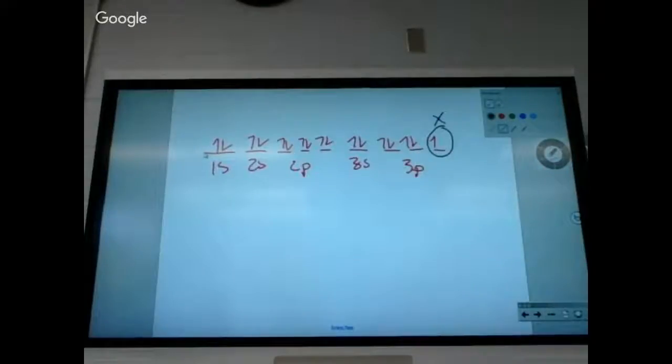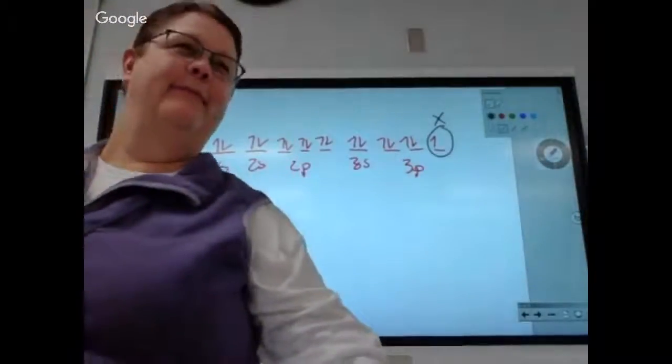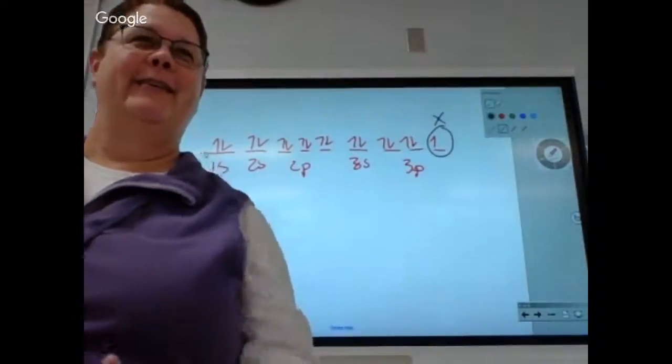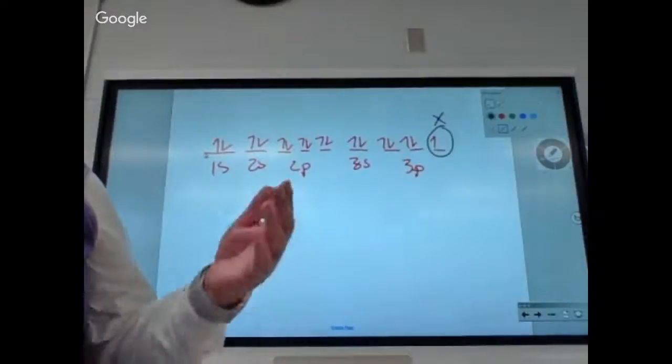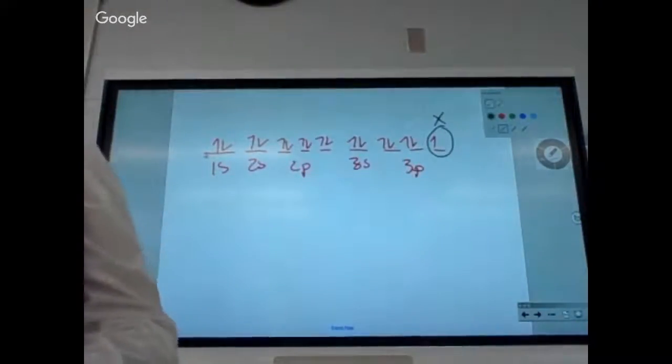What's a full orbital? 19 times 2 would be 38. Which element has 38? That's the answer. Instead of drawing all those electrons or arrows, that's just a shortcut.